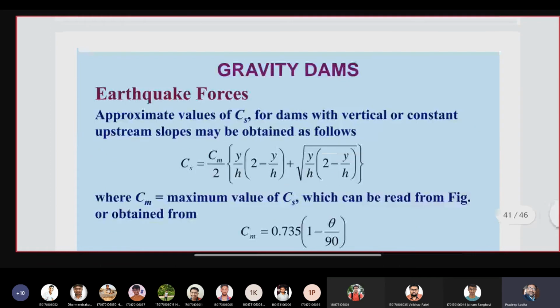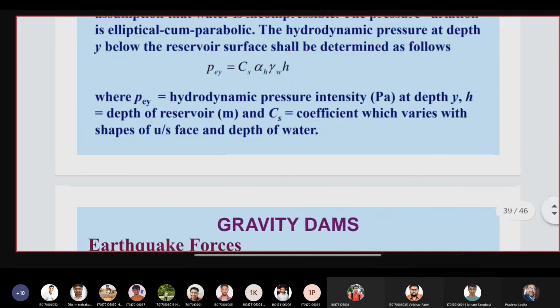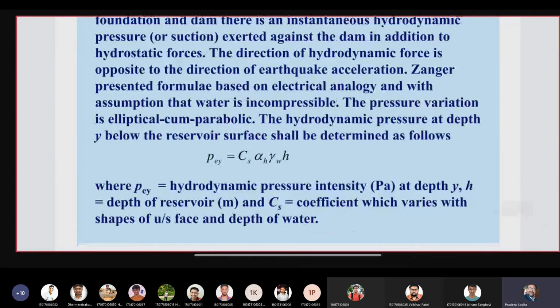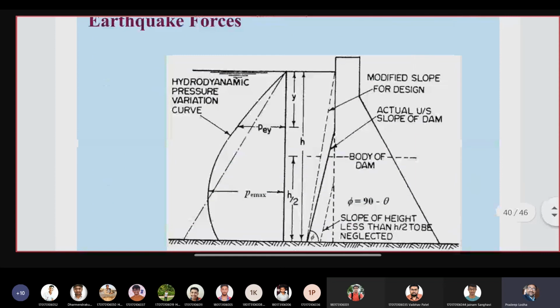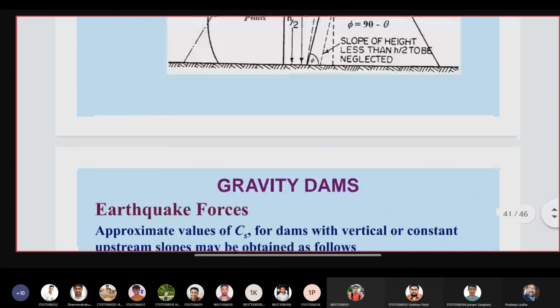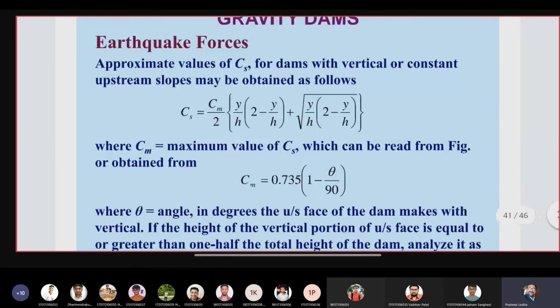That Cs in Zanger's formula, I said that Cs is the coefficient which varies with the upstream shape, and how it is computed here: an empirical formula is mentioned, Cm by 2 times y by h, then 2 minus y by h. It is a simple empirical equation, so just remember that this is how it is calculated, and the value of Cm is also given in this formula.